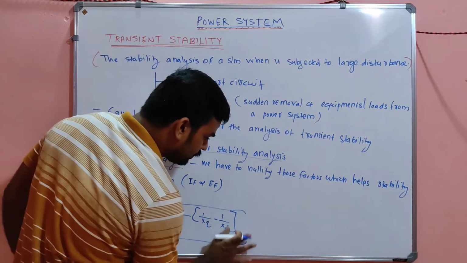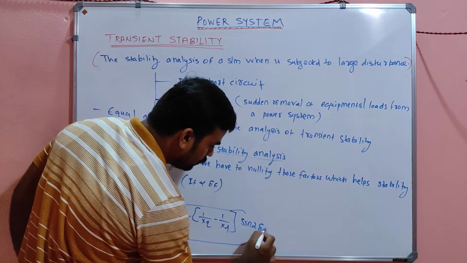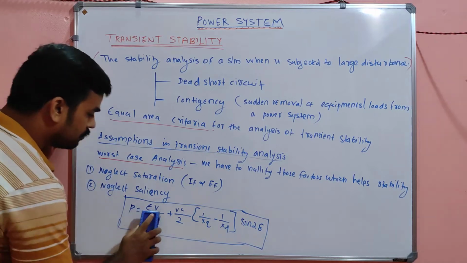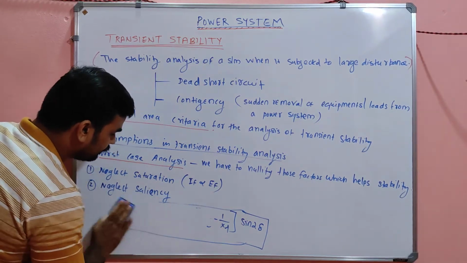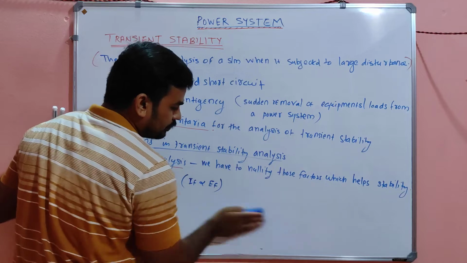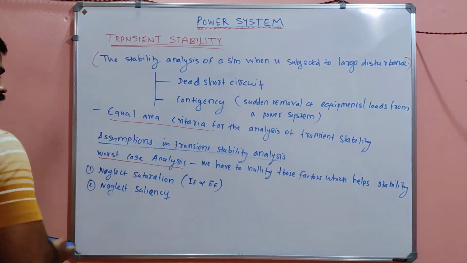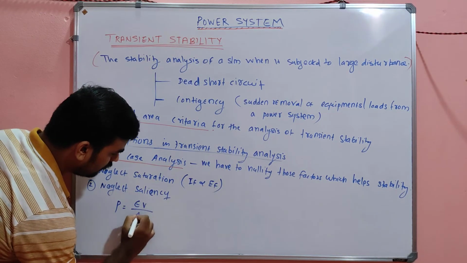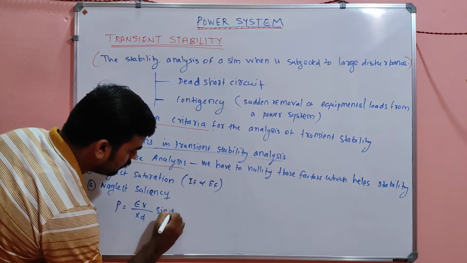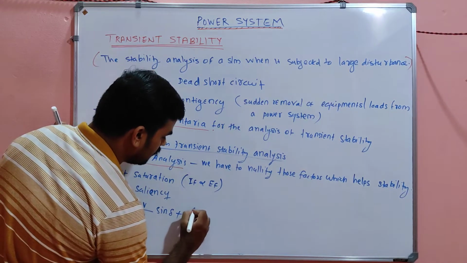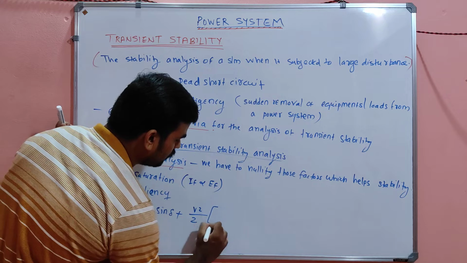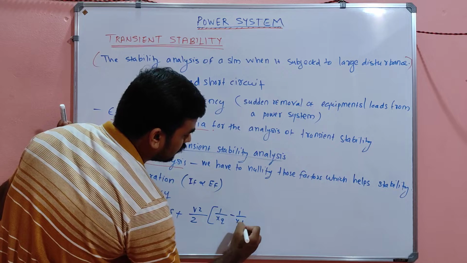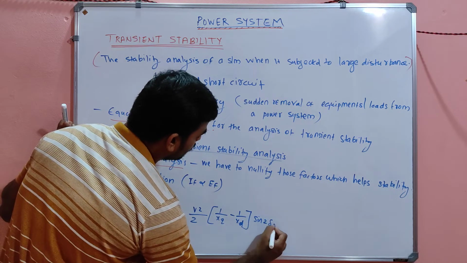I will write once more. P is equal to EV divided by XD into sine delta plus V square by 2 into 1 by XQ minus 1 by XD into sine 2 delta.